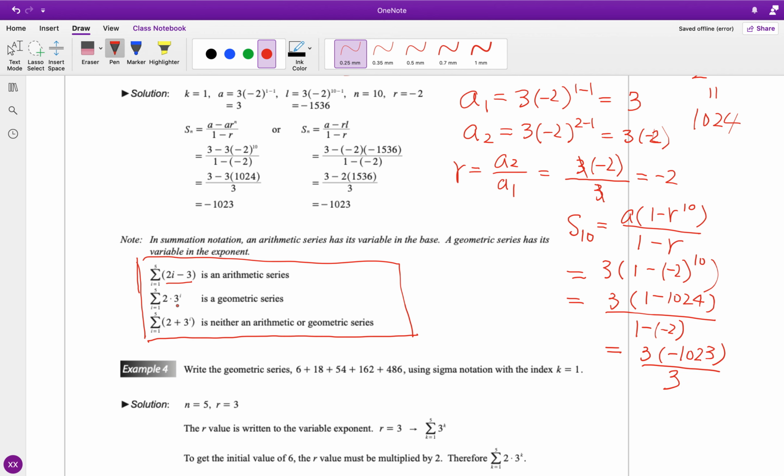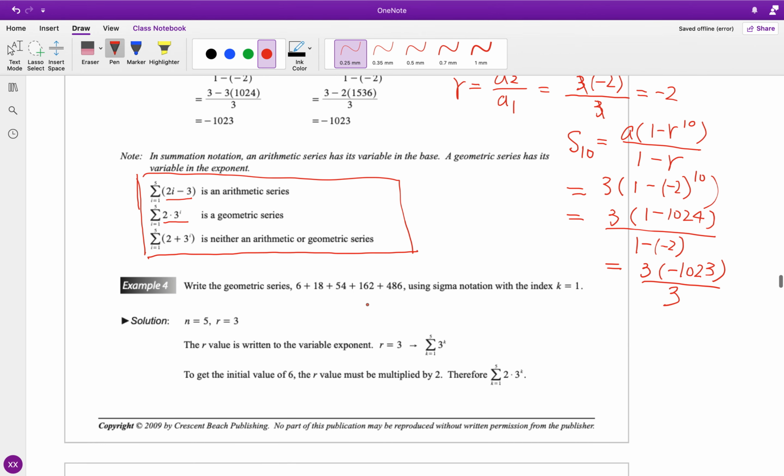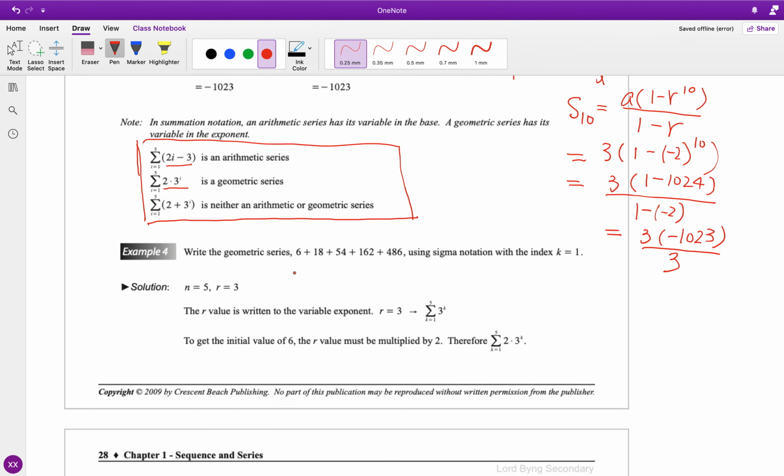This is not linear, but it is, as a matter of fact, called a power function. So if it's a power function, then that is a geometric series. However, if it is neither linear nor power, then it's neither an arithmetic nor a geometric series. Okay.